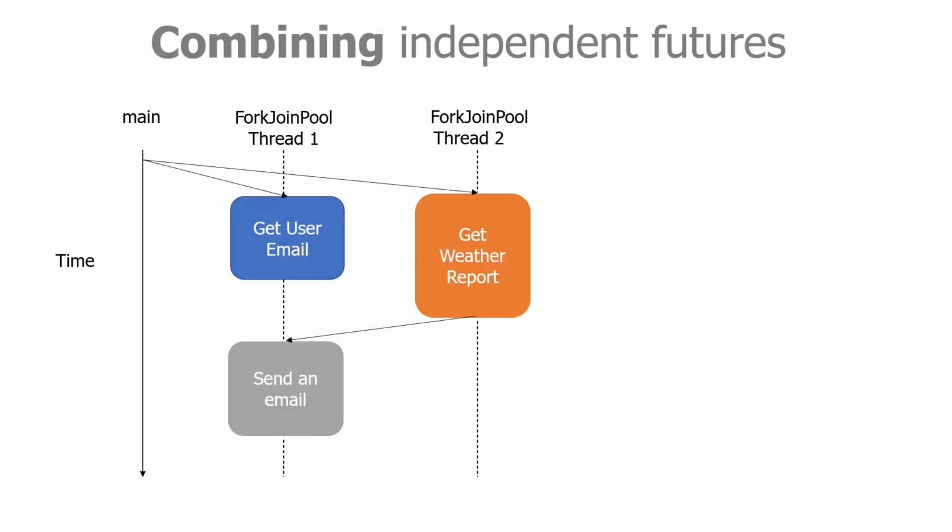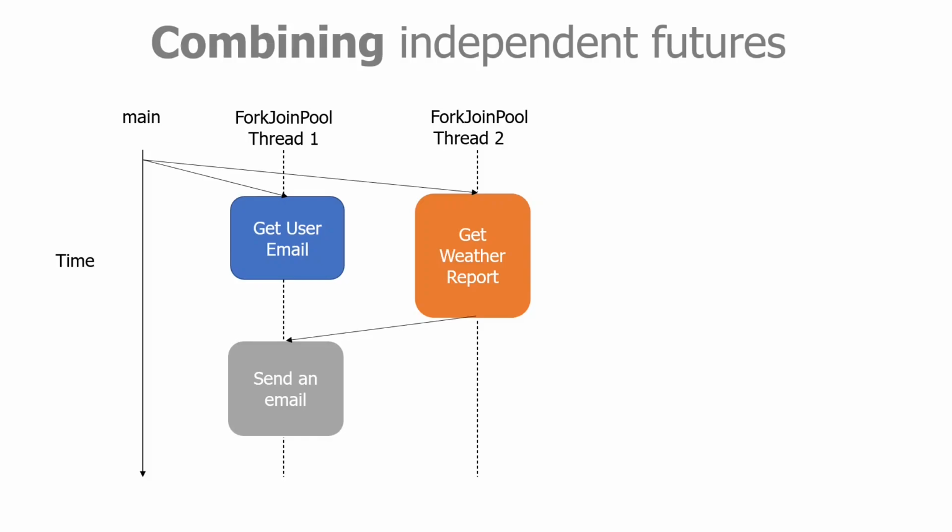Now the next example that we are going to see is about independent futures. Consider an example where you need to call a method or a synchronous call to get a user's email from one service, and you are also getting a weather report from some different service.